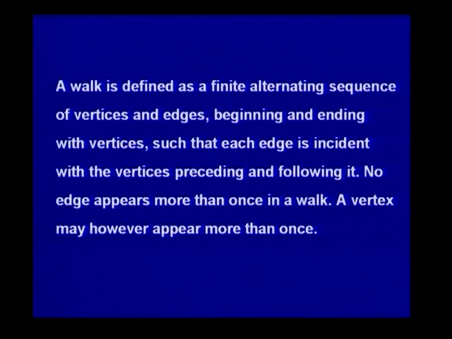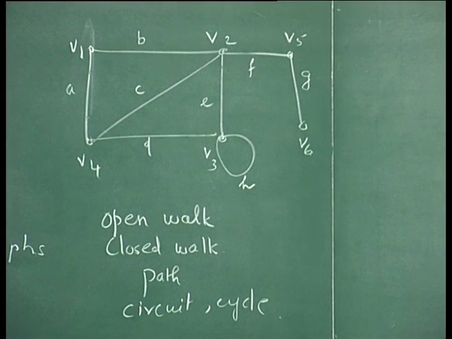So, what is a walk? Let us consider one example. Let us take this graph with vertices V1, V2, V3, V4, V5, V6, 6 vertices are there. There are edges A, B, C, D, E, F, G, H, and let us see what is meant by a walk. Let us give some examples of walks here.